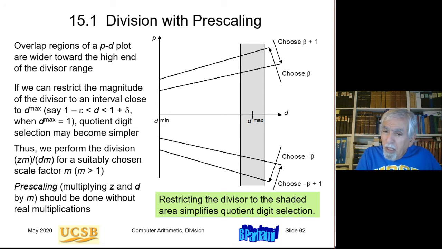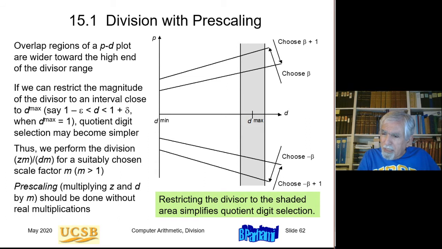Of course, if I have to really multiply Z and D by the scale factor M, two multiplications, that's a lot of overhead. I do make the division faster because the decision process is now simpler, and therefore the quotient digit selection logic becomes faster and simpler.